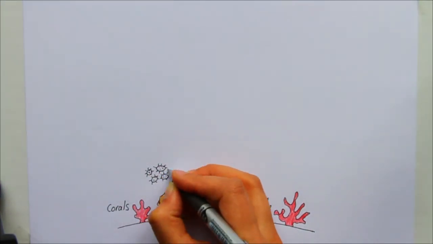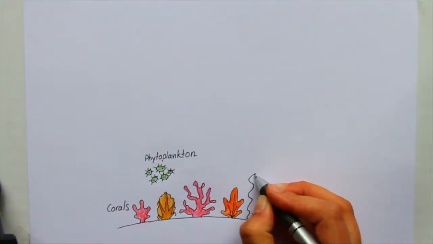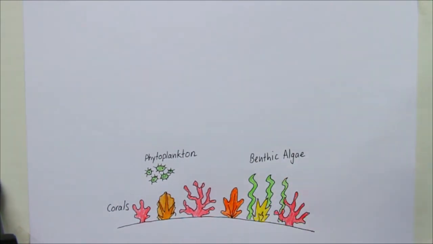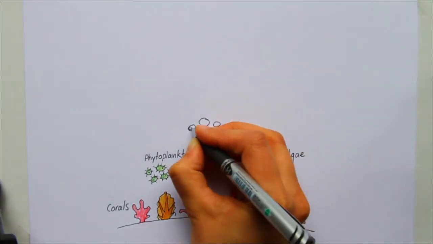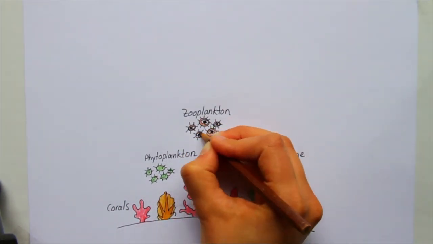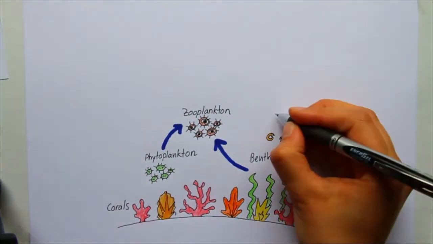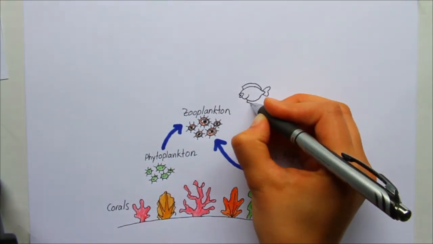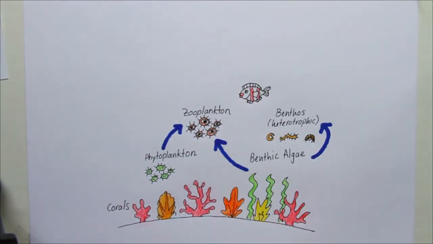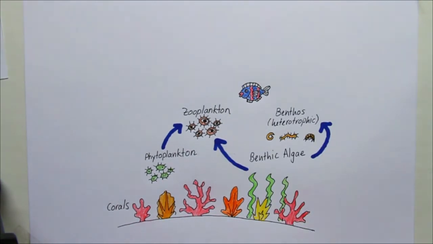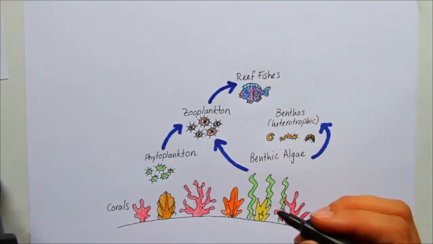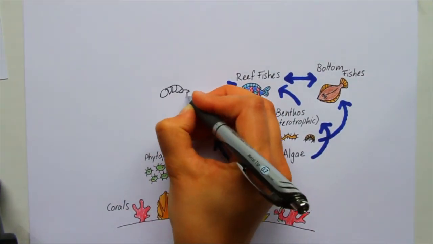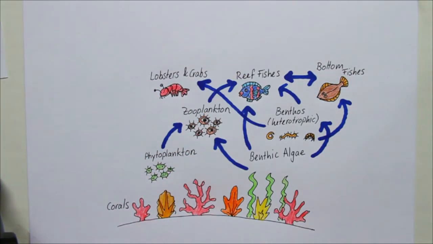The most abundant primary producers in a coral reef are phytoplankton and seaweed. They are consumed by the herbivorous consumers, which are predominantly zooplankton and benthic invertebrates. They again are prey for various carnivorous first and second level predators, for example reef fishes, bottom fishes like rays or flatfishes, and crustaceans.